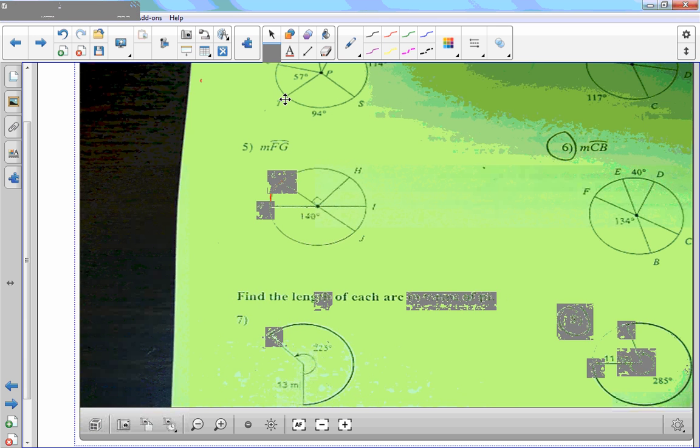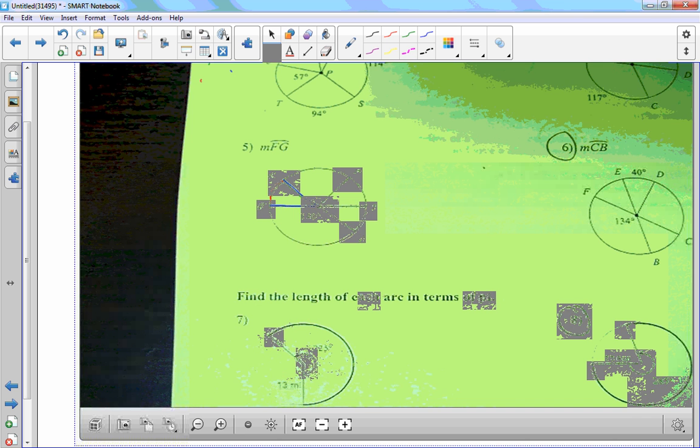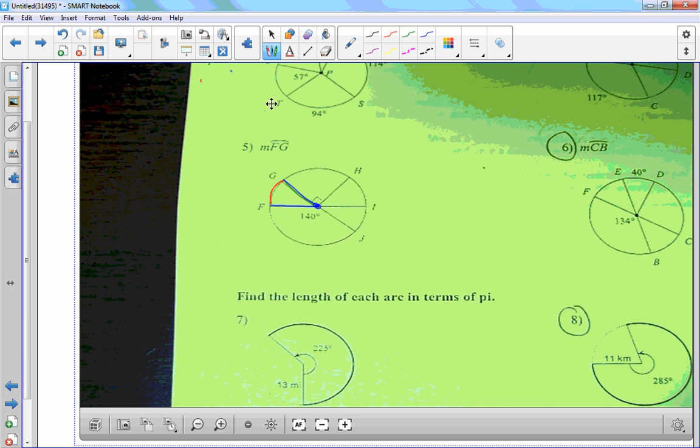Which corresponding arc? Okay, with a vertical arc created by the vertical angle. This angle right here is the central angle. What do we know about the central angle and its arc? They're equal. So if I know the measurement of this angle, then I also know the measurement of the arc.